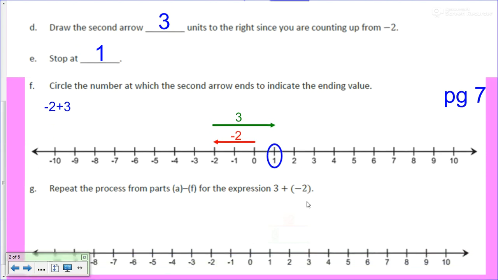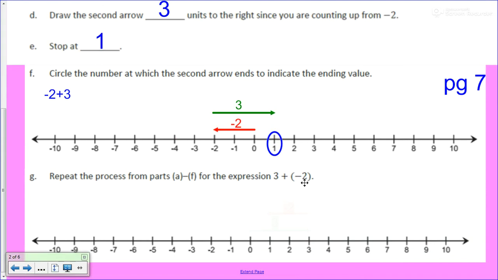Okay. We're going to do the same thing. This expression looks similar, but it's slightly different. We still have the same numbers, 3 and -2, but this time their orders flip-flopped. Okay. So this time we're going to start with the number 3. Remember, we start at the 0. We're going to draw 3 spaces to the right. And again, I'm going to put the number on top of the vector.